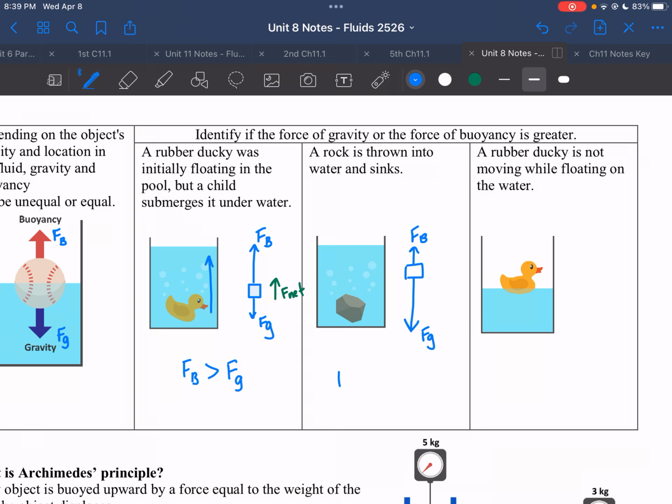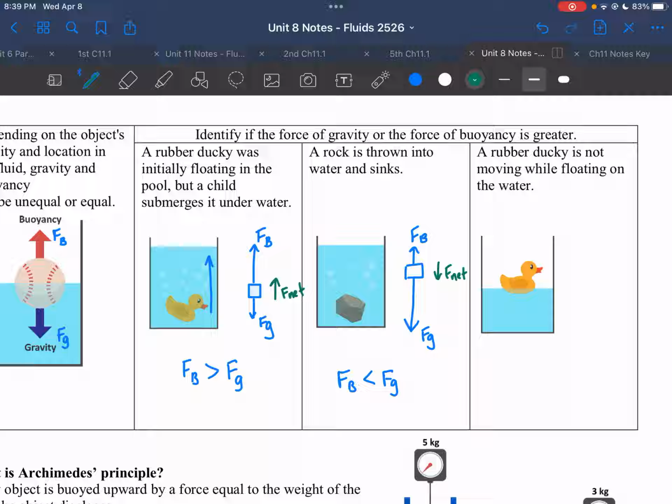So in this situation, the buoyant force is much smaller than the force of gravity. We know that our net force is going to be pointed down, so it will accelerate down towards the ground. Not as much as it would if it was just falling through air or in a vacuum, but it will slow down just a little bit because of that buoyant force.